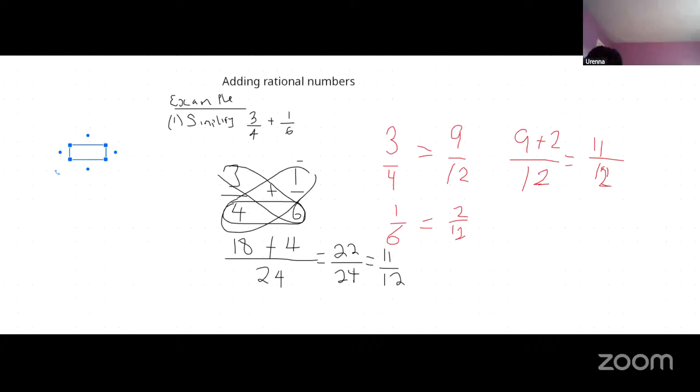I'm done. You're done. Okay, very good. So I'd love you to solve this question I'm writing down right now. I'm going to increase this a little. Can you see it?